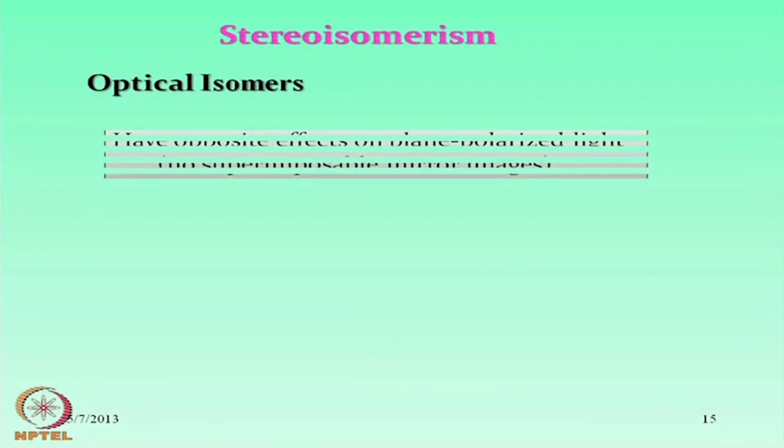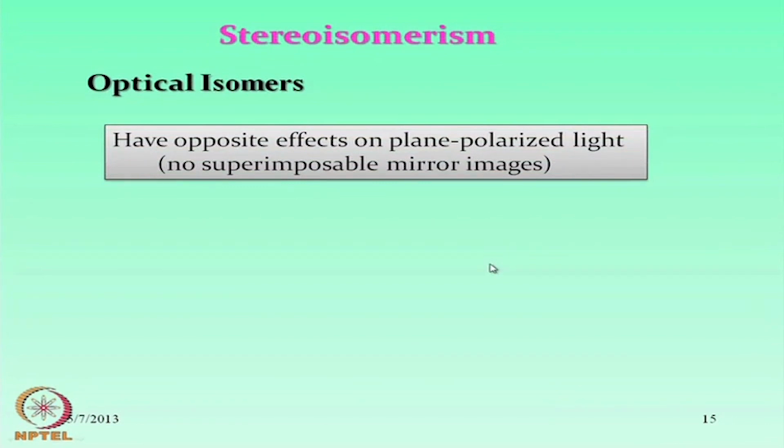Similarly, when we have the corresponding stereochemistry related to the isomers in space, we can find that optical isomerism can be operating. We have some effect on plane polarized light, and when this plane polarized light is moved from one plane to the other, we can have one particular type of arrangement.